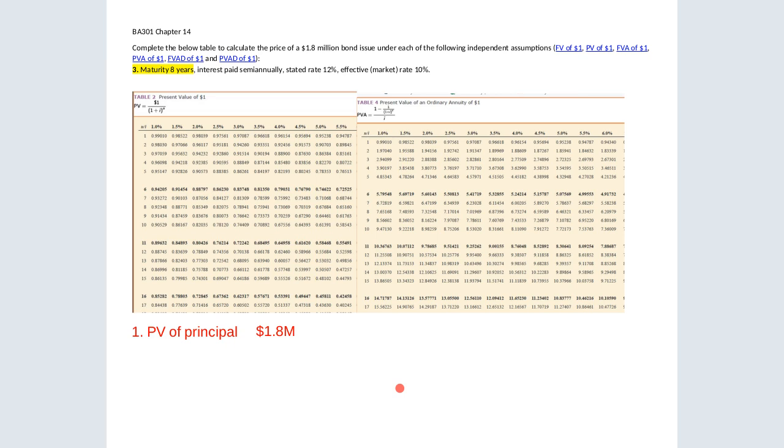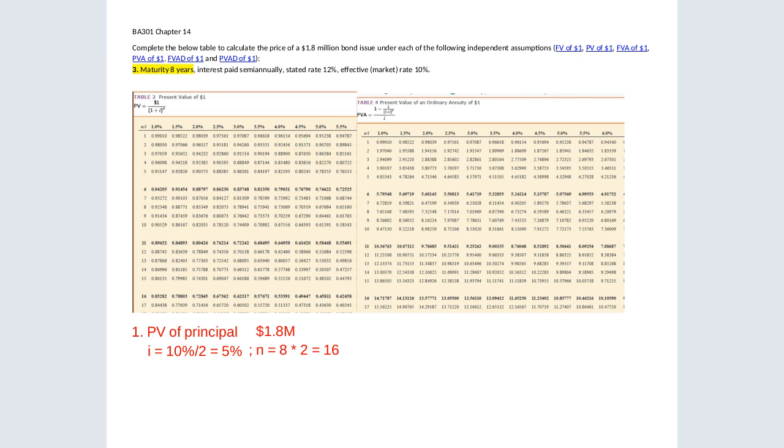To determine the issue price, we're looking at the market rate, all right? And what is N equal to? What are the number of periods? 16. Okay, so 8 multiplied by 2 equals 16. So we got that.